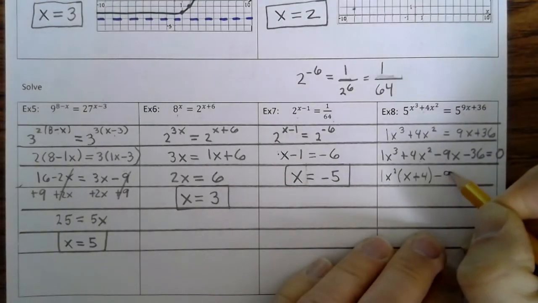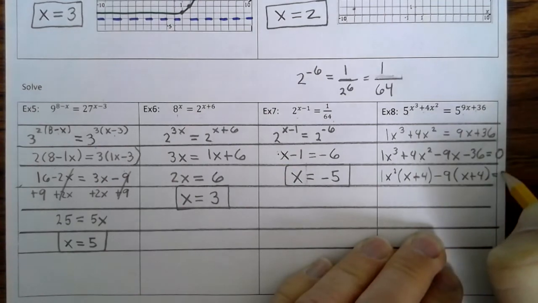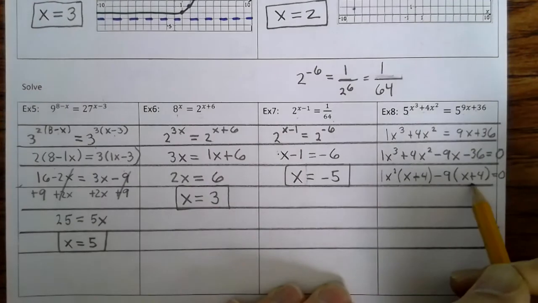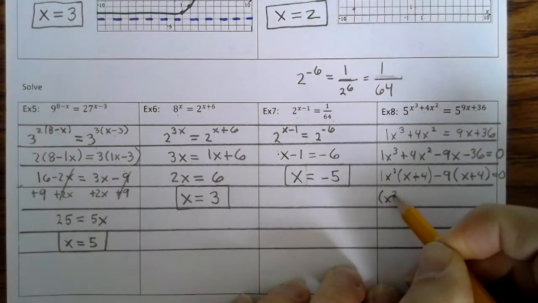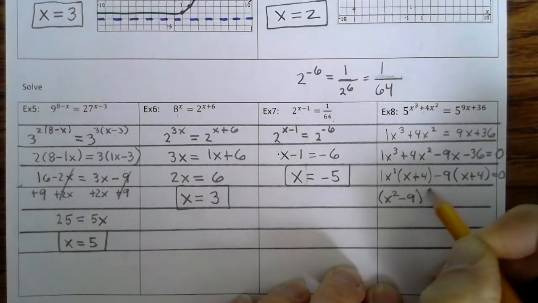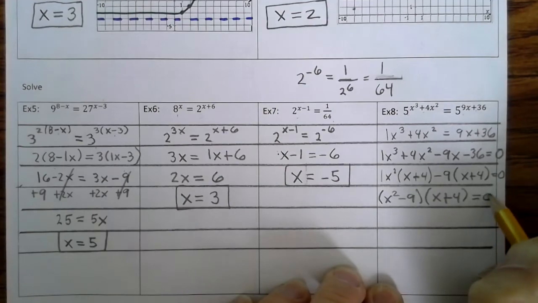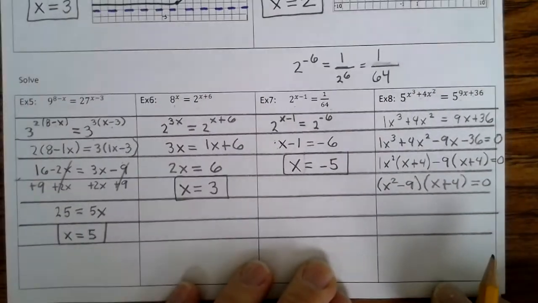So we have x squared minus 9 times x plus 4 equal to 0. Well, x squared minus 9 is a difference of squares, so that can be rewritten as x minus 3 times x plus 3, and then it's still times x plus 4 equal to 0.